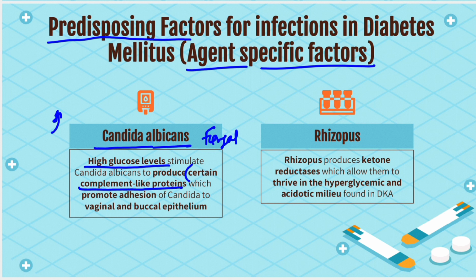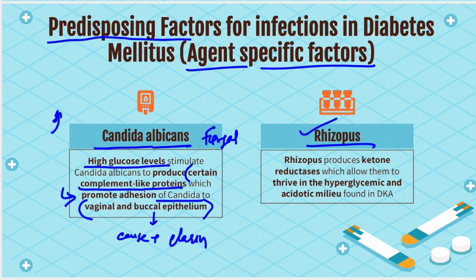These complement-like proteins promote the adhesion of this fungus to the vaginal and buccal epithelium, and ultimately result in the causation as well as the flaring of such infection in any patient with diabetes.